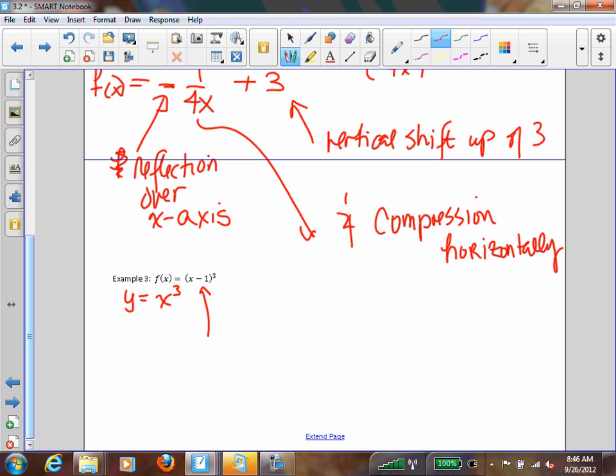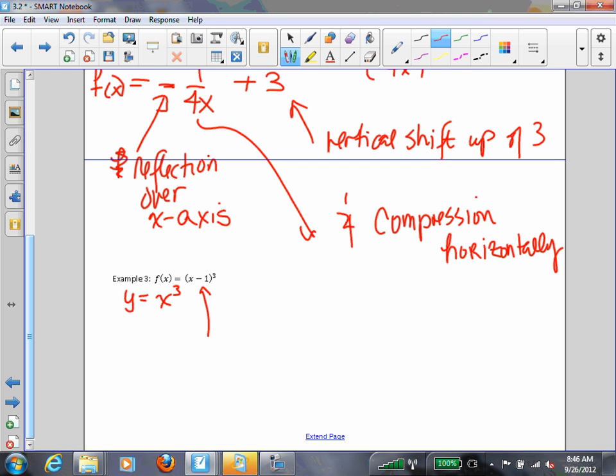Yeah, it's shifting 1 unit to the left or to the right? Which way? Negative with the x is to the right.